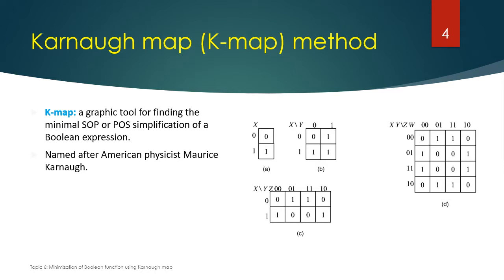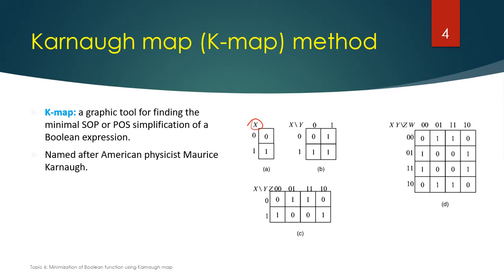The first one is the map used for a one variable system. There are only two boxes here, and a two variable map has 4, 3 variables have 8, and 4 variables have 16 boxes. Basically, it's a graph that looks like this. You can say it's a table or just a combination of boxes.